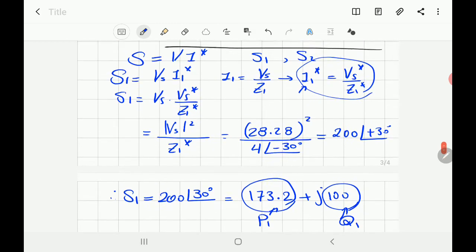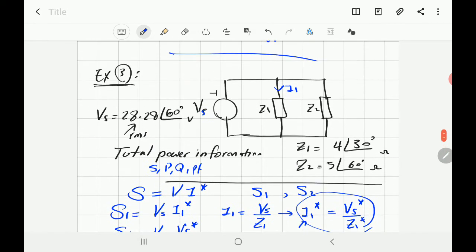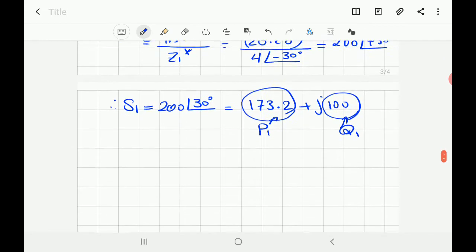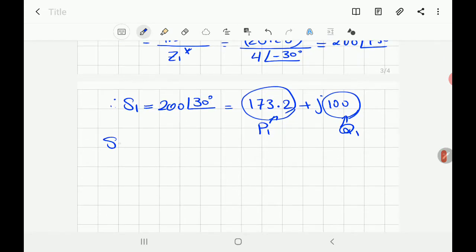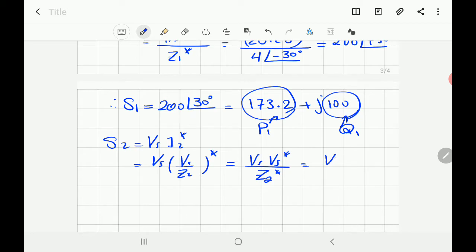The same way we are going to find S2. How to find S2? S2 is equal to the voltage times I2 conjugate, and I2 is equal to the voltage divided by Z2, so the conjugate is Vs conjugate divided by Z2 conjugate. So it will be Vs times Vs conjugate divided by Z2 conjugate, which is again Vs magnitude squared divided by Z2 conjugate.